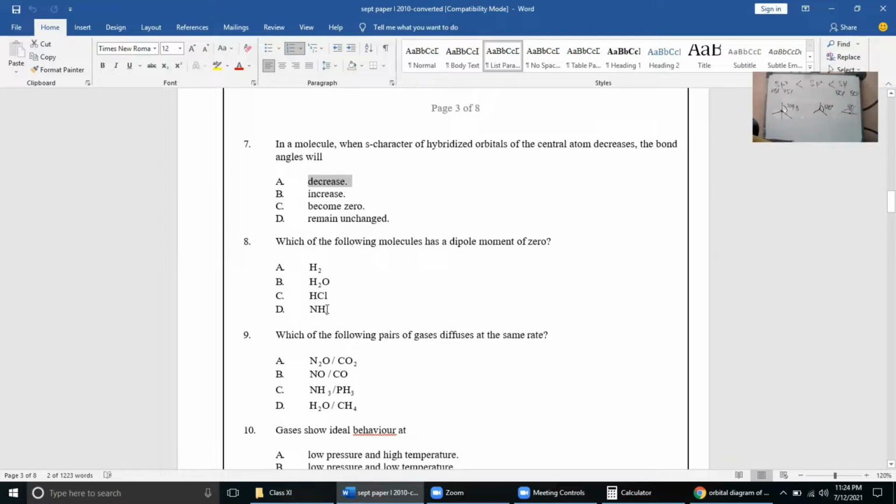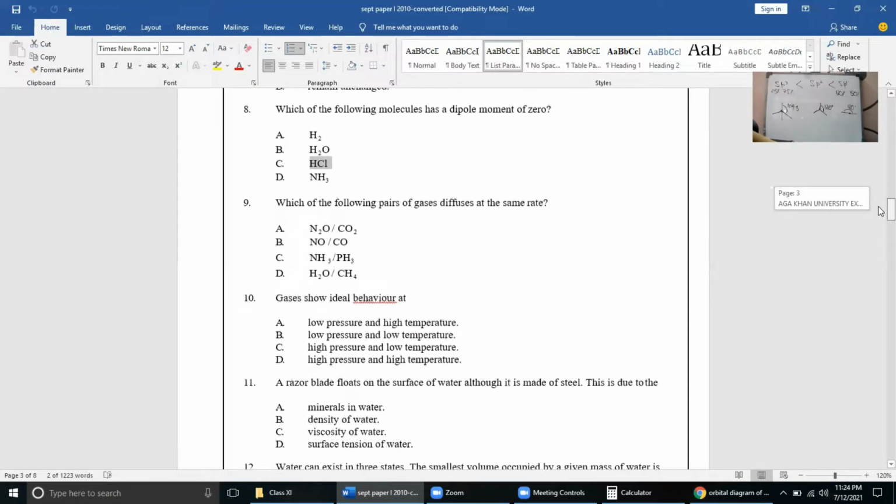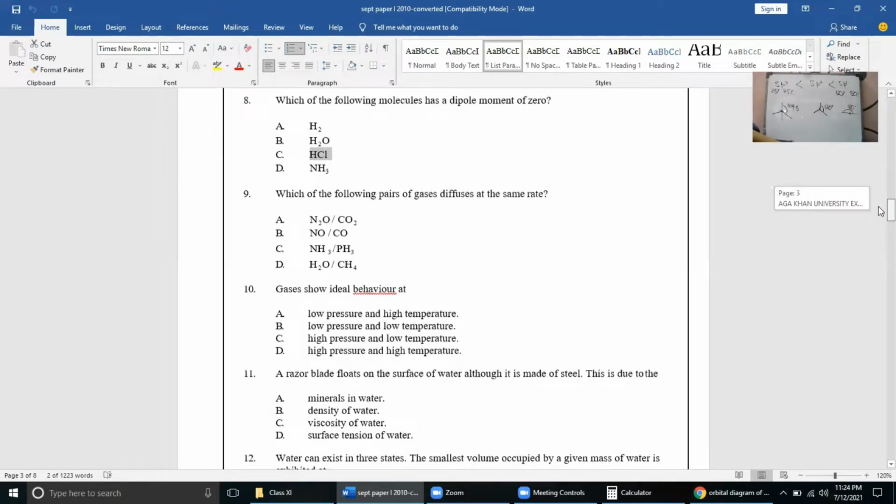Similarly, in NH3, a lone pair is present. So the correct answer is HCl, which is a diatomic molecule and only one bond is present. So the bond dipole moment will not be 0 over here. In the case of diatomic molecules, all diatomic molecules have a dipole moment value and are polar in nature.